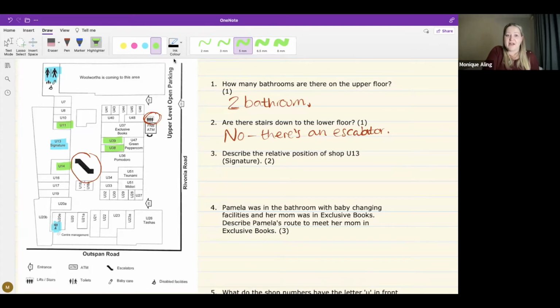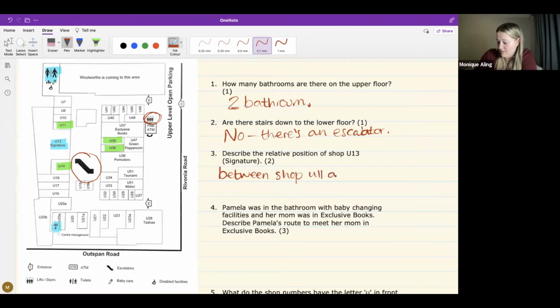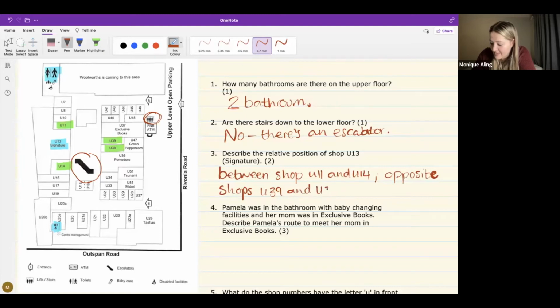Okay, Bonolo, I'll go back up now. So to clarify, your answer would be shop 13 is between shop 11 and 14. So it lies between, it's opposite shops 39 and 38.